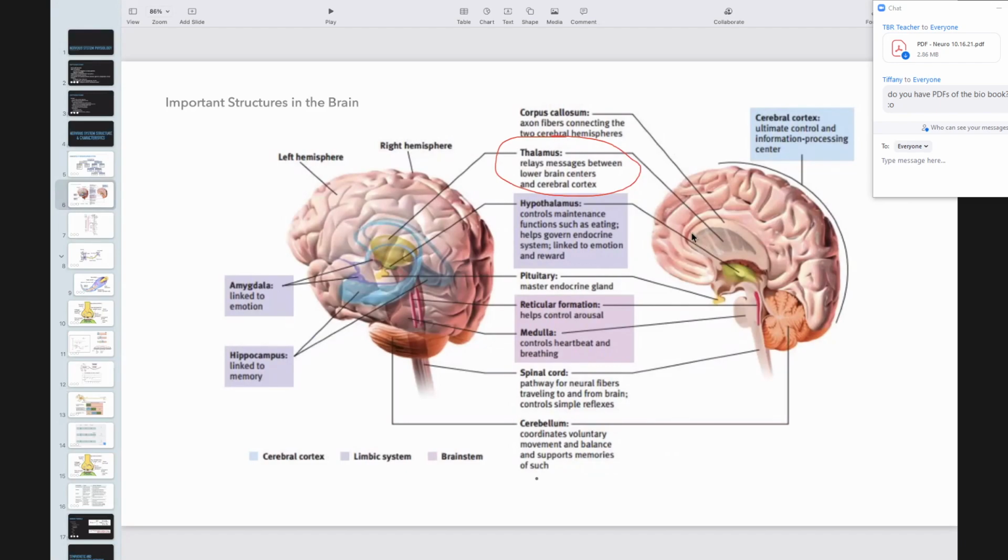The cerebral cortex is where higher level processing comes in. We have a giant cerebral cortex. That's what makes us so smart. If you look at more primitive creatures, they have smaller cerebral cortices, but everyone has a thalamus. So the thalamus is that most ancient, most primitive brain structure, and we've evolved from there.